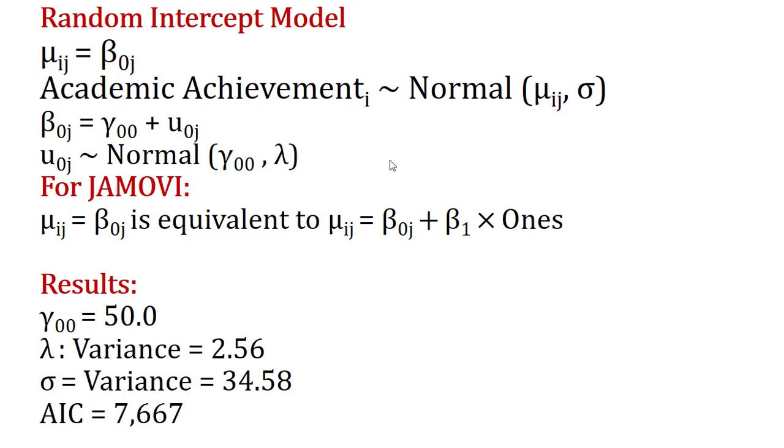And we can choose which one to report. So instead of having 4 parameters to estimate with the data, we estimate 2.